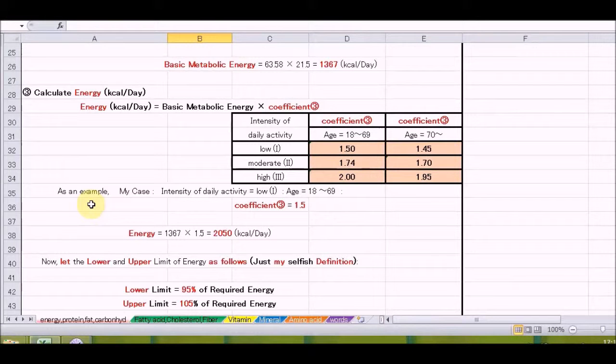For example, in my case, intensity of daily activity is very low, and age 18 to 69, and so coefficient 3 is 1.5. And so my estimated energy is 2050 kilocalorie per day.